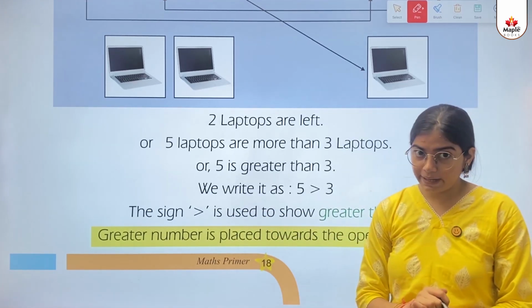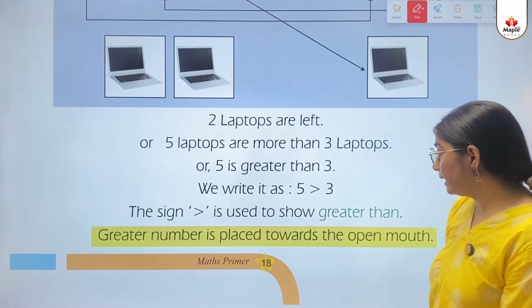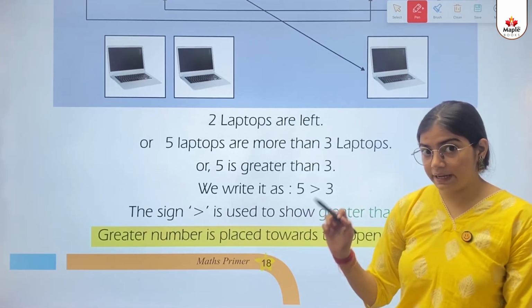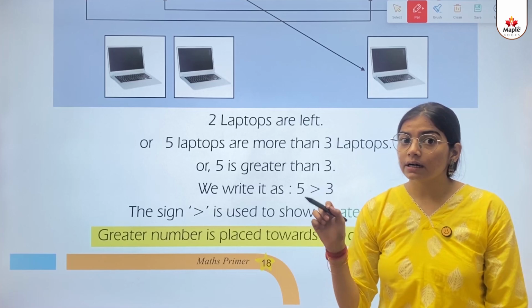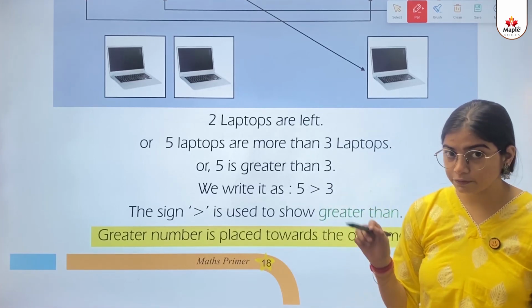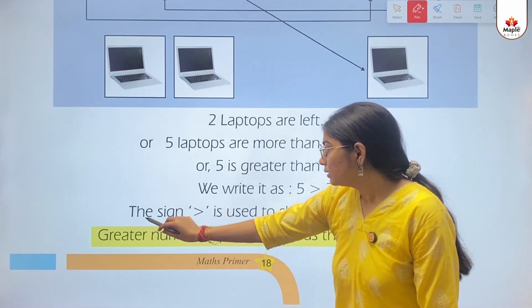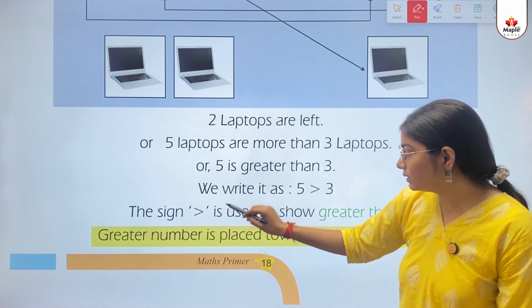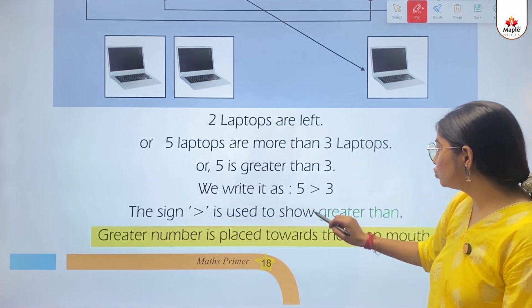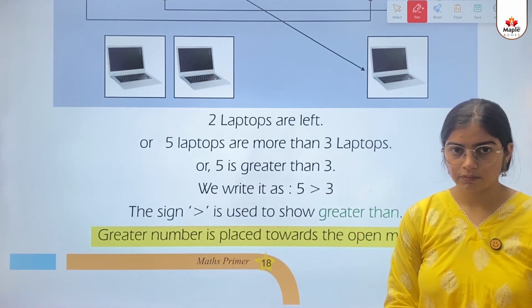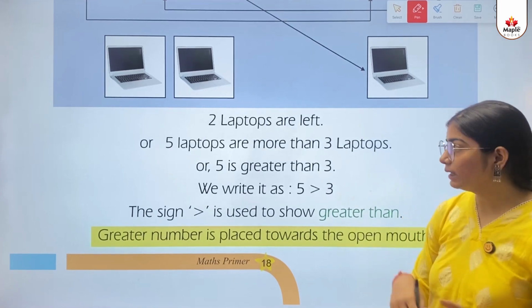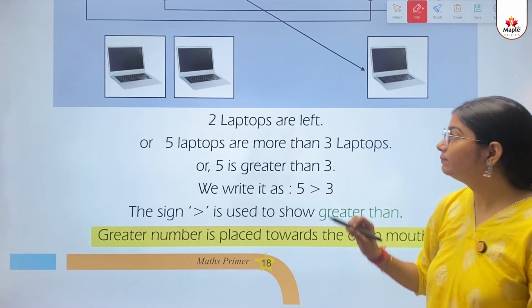We need to remember that the greater number is placed near the open side of this symbol. The sign greater than is used to show greater than. Got it? I already told you about these things.